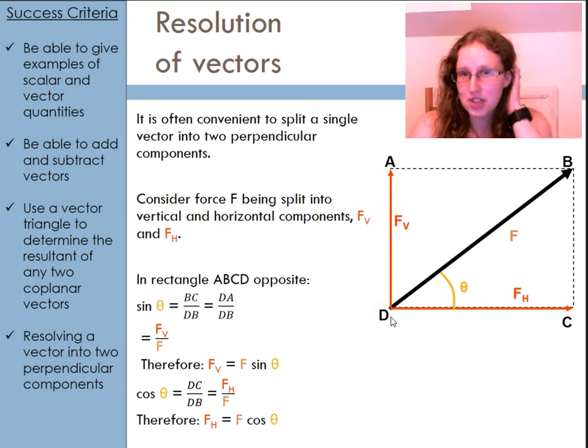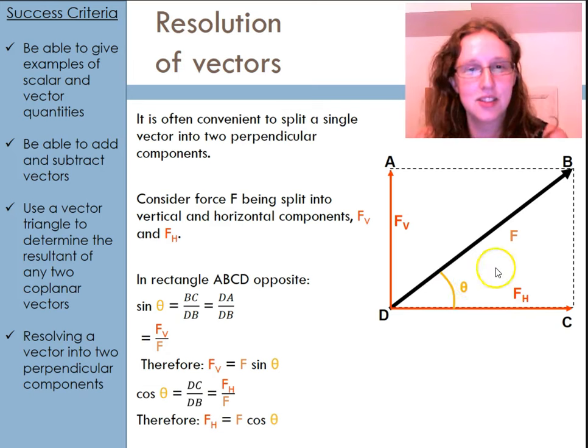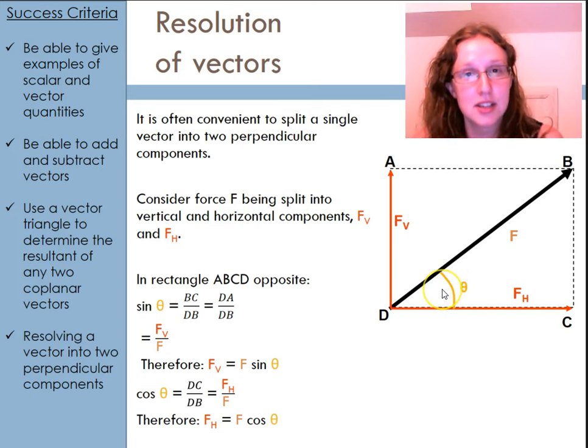So at this point we can do a little bit of trig, everyone's second favourite thing after Pythagoras, I know. So this angle here is important because it'll help me figure out exactly how long the horizontal component and the vertical component should be, because it depends at what angle F is to the horizontal.